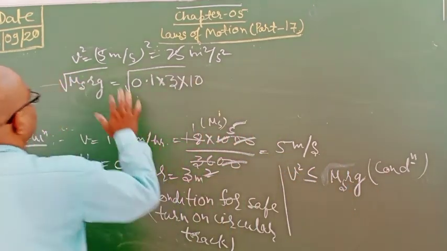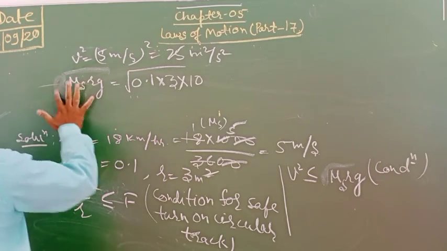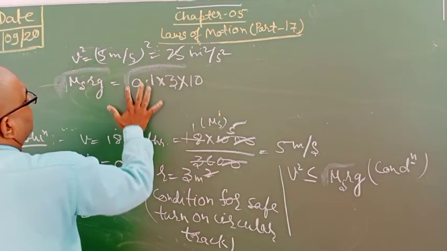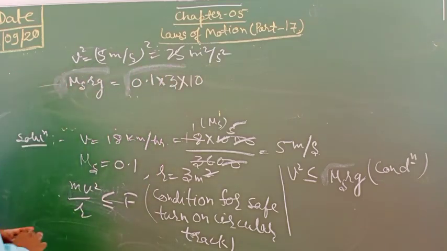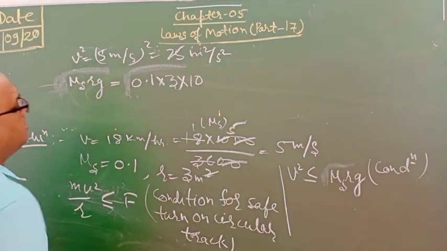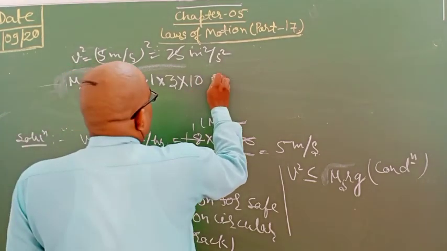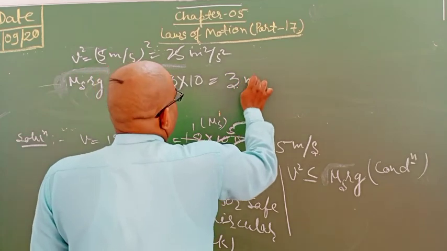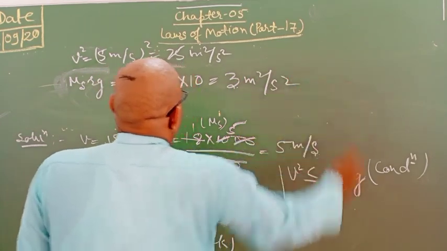So what you are observing is that it is 3 meter square per second square.